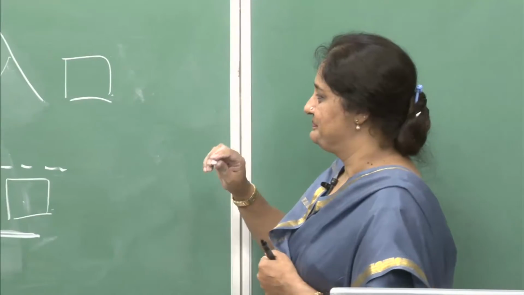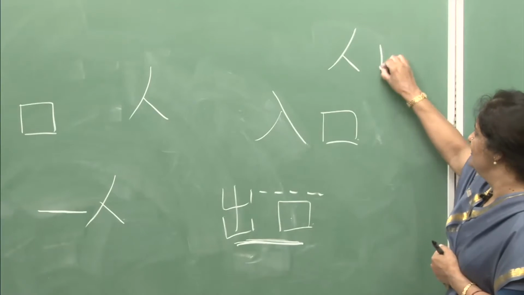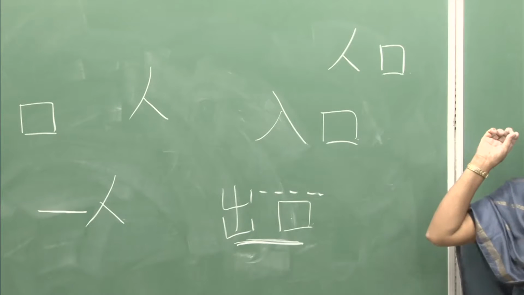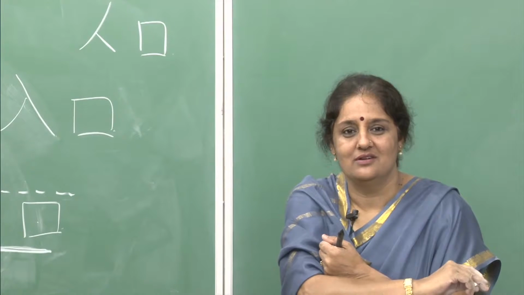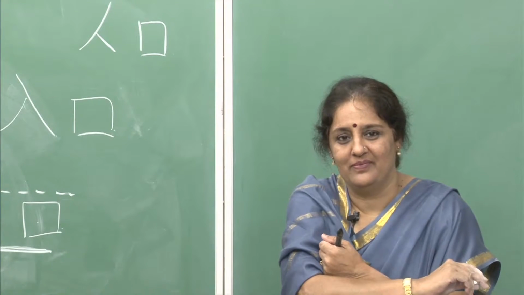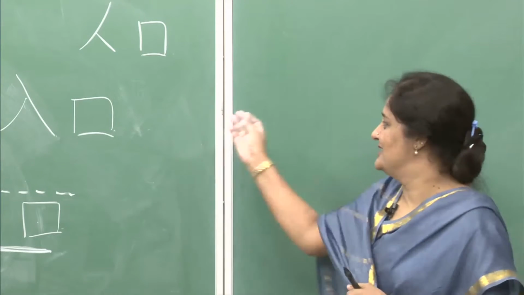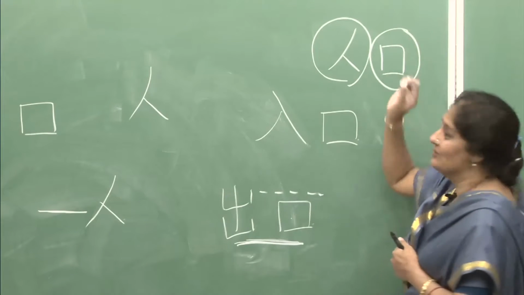Then also, now you know the meaning of this, you know the meaning of this. What does this mean? Can you tell me, all of you? Just think about it for a few minutes and let me see. What do you have to say about this? This is person and this is mouth, kuchi.